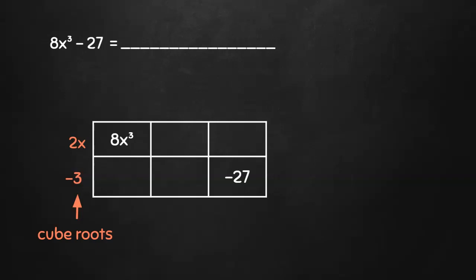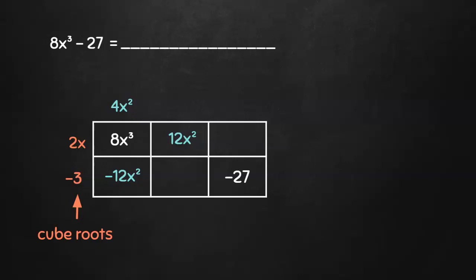So if I have 2x, I know I can multiply 2x by 4x squared to get me 8x cubed. Once I have the 4x squared, I can then get the negative 12x squared. That diagonal has to cancel, and I would get an opposite, so a positive 12x squared.